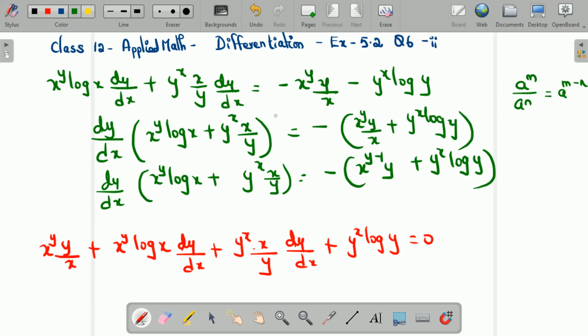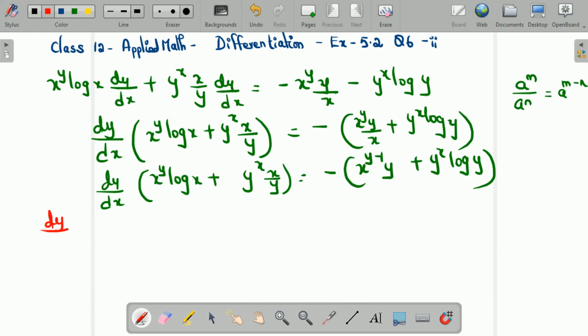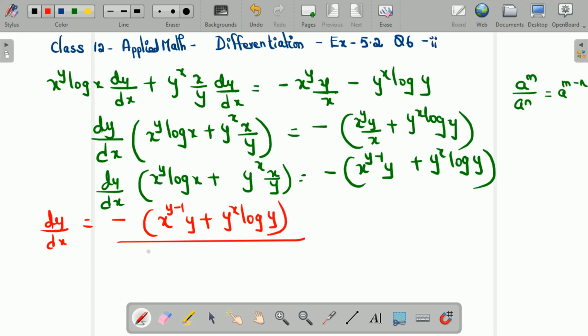Now from this step, I'm going to move the variables in the bracket to the other side. So dy/dx is equal to minus of (x^(y-1) y + y^x log y), the whole thing divided by x^y log x + y^x into x/y. I'm going to write it like this. So this will become y^(x-1) into x.